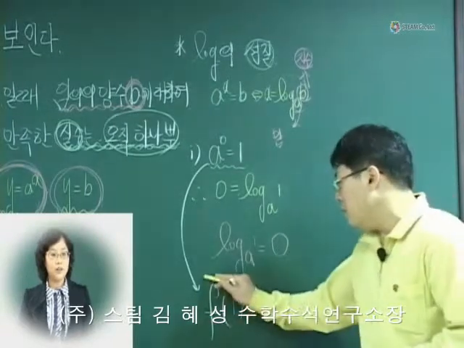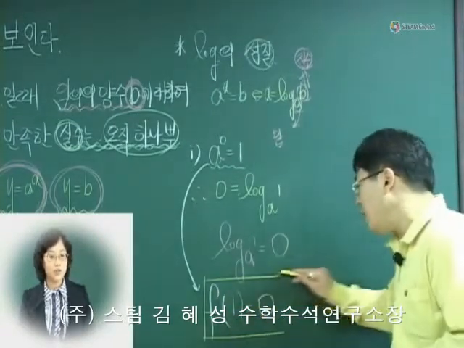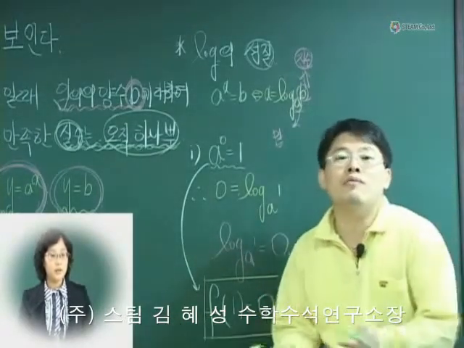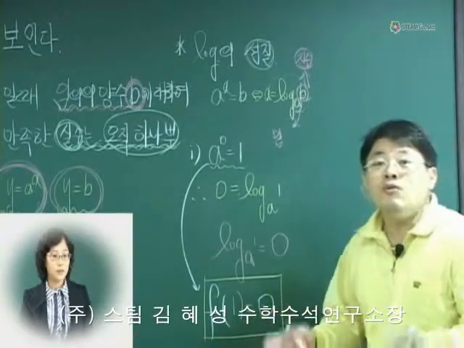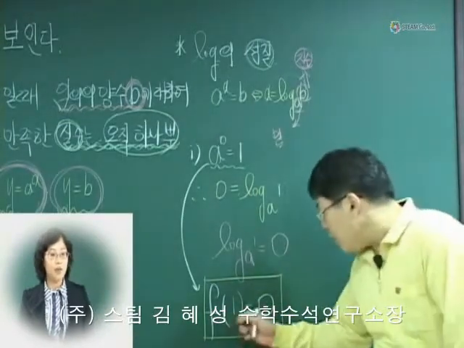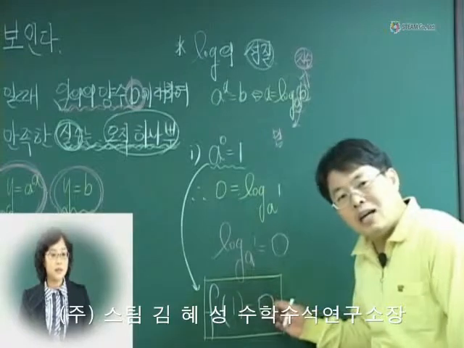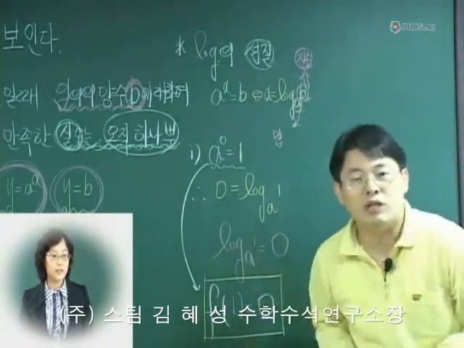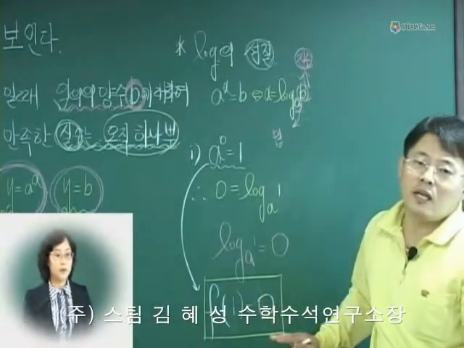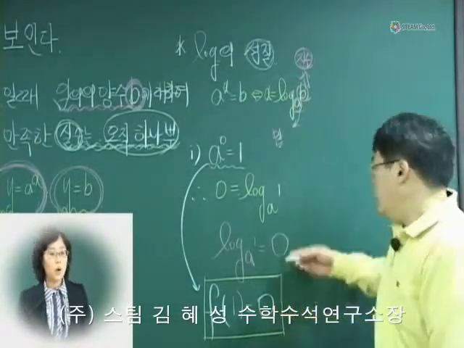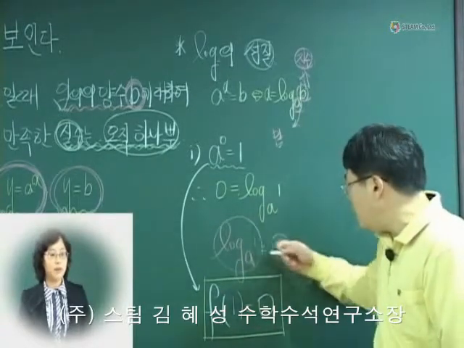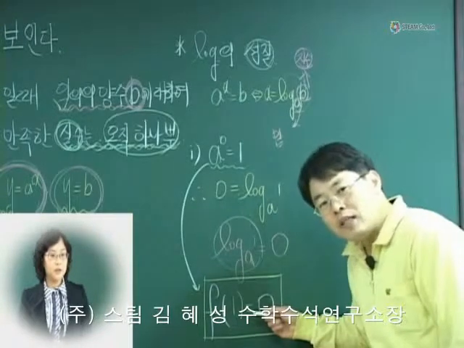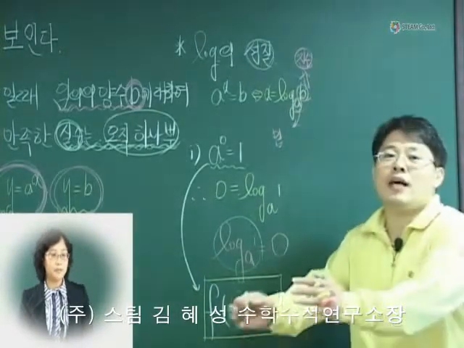Now, when you see this in questions, this is related to the logarithm. You have to get a hint out of this phrase, f of 1 equals 0. This is about logarithm. Okay, once more: log base a of 1 becomes 0. F of 1 is 0 is about logarithm.